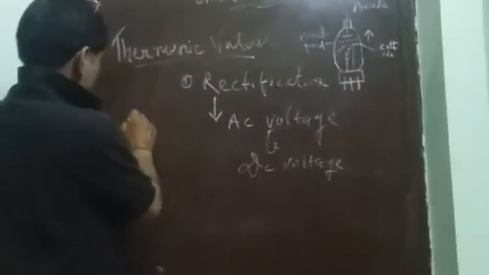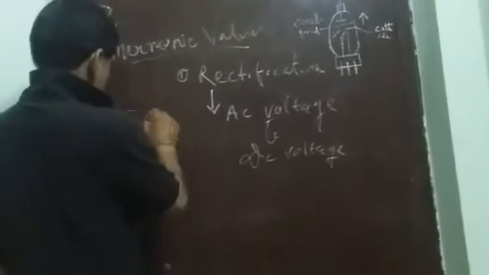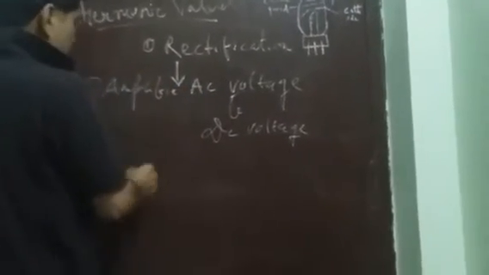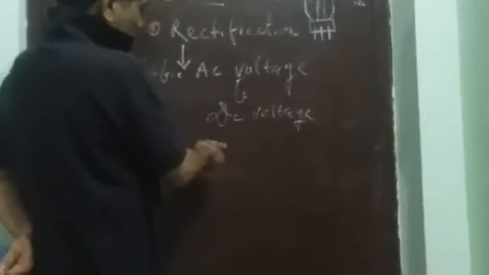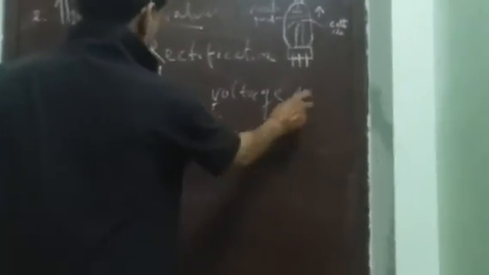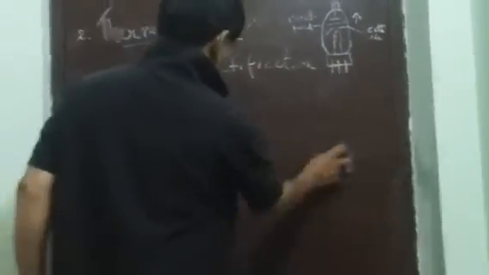The second function is amplification. Rectification is of two types: half wave rectification and full wave rectification. First is half wave.